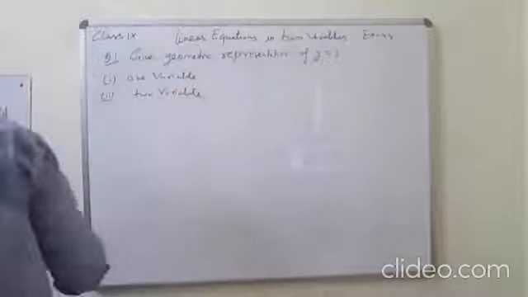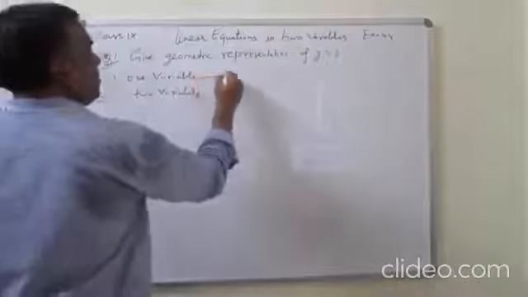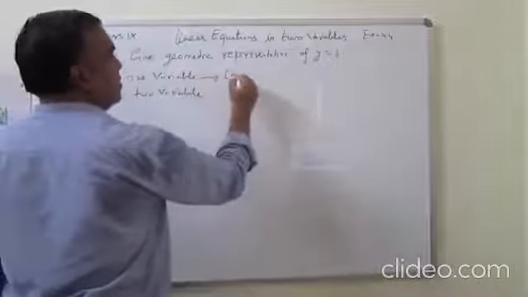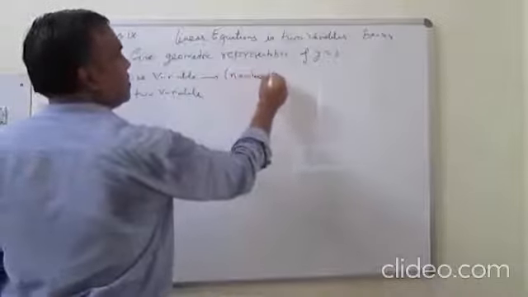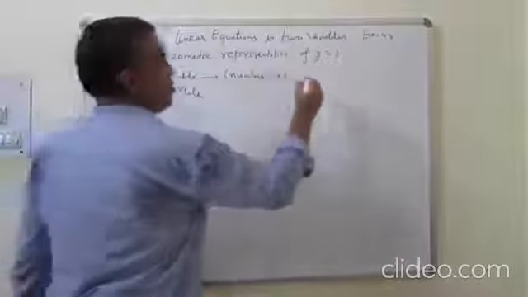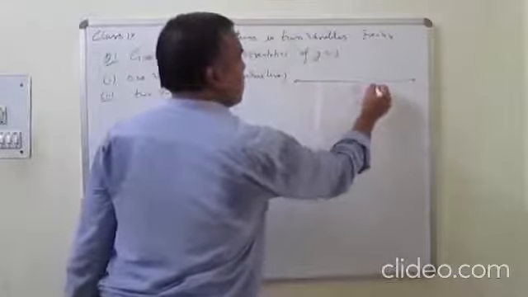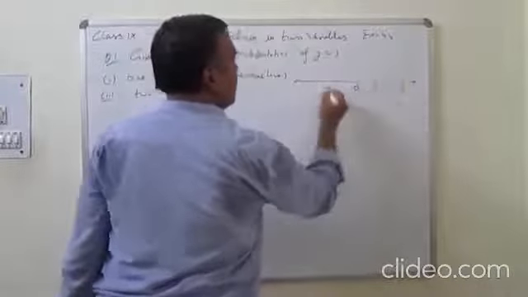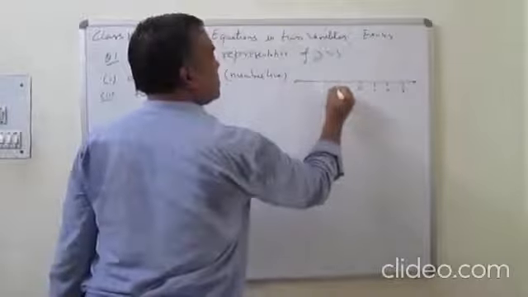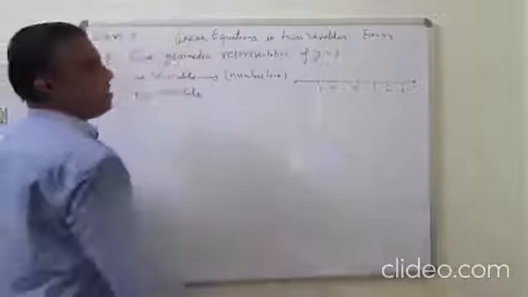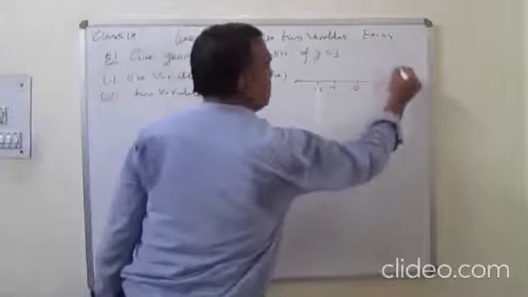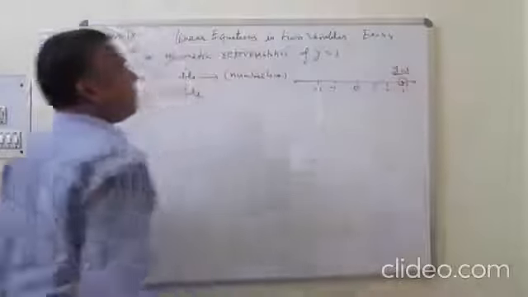So in one variable we show a line on number line. So draw a line. This is origin O, right side positive points, left side negative points. So y is equal to 3 is this point. This is on number line.